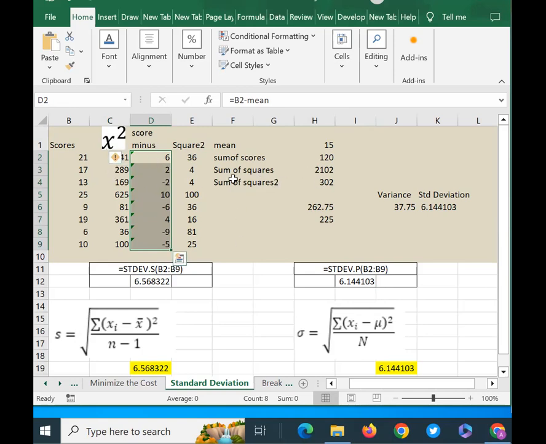So the total of squares 2 is this, right? The square 2, this was the square 1, for example. The second time of squaring is where we get the difference between the mean and the respective cell. Okay, you get the difference in here, and then you make a square of it.